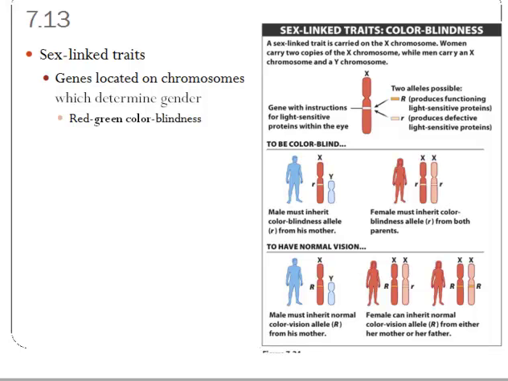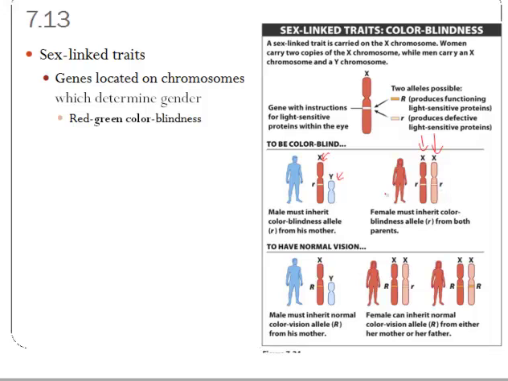Another characteristic that we see in a lot of organisms are genes that are carried on chromosomes that determine gender, or sex-linked traits. In humans, to be a male, you get one X chromosome and one Y chromosome, and that determines that you're male. To be a female, you need two copies of the X chromosome.